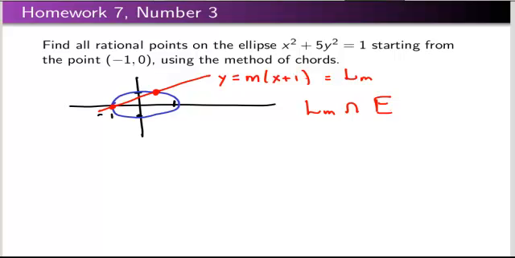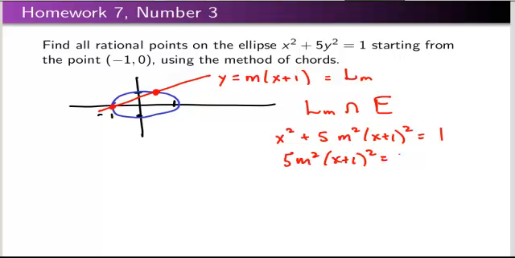So we just plug this into the equation: x squared plus 5 m squared times (x plus 1) squared equals 1. And then a little trick for solving this is, rather than multiply it all out, put it into a factored form on the right hand side, so you can see this factor of x plus 1 canceling, and solve for x.